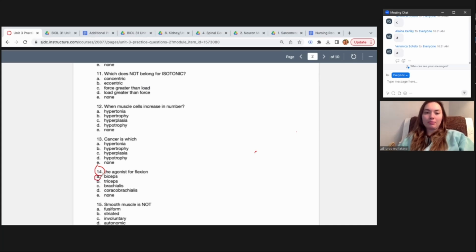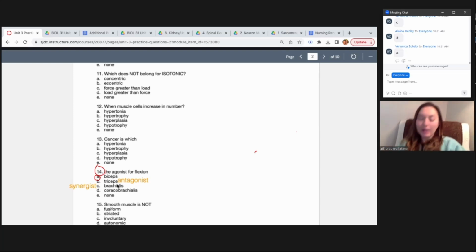It's the biceps, right? The triceps would be the antagonist, and the brachialis would be the synergist. Remember, the synergist helps the agonist. The agonist performs the action, also called the prime mover. The antagonist opposes it, and the synergist helps it.